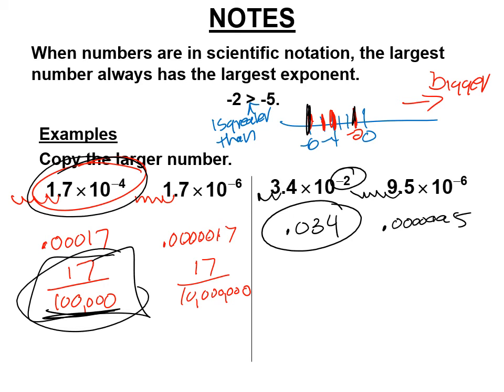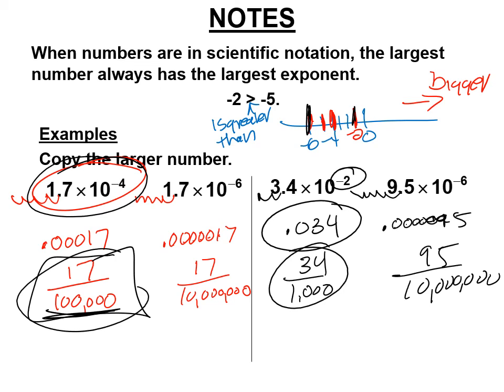This is 34 out of 1,000, which is horrible if you shoot 34 out of 1,000 baskets. But this one is 95 out of 10 million again. I mean, it's pathetic. This is better.